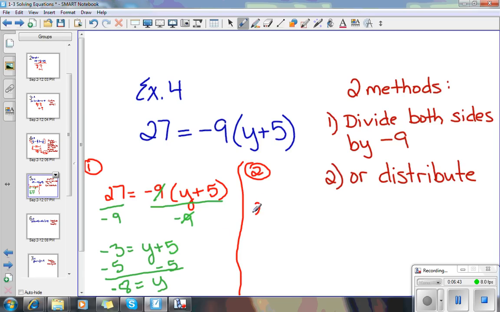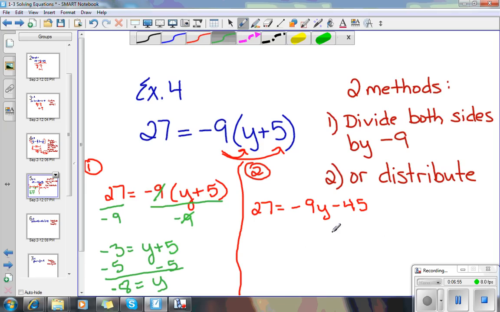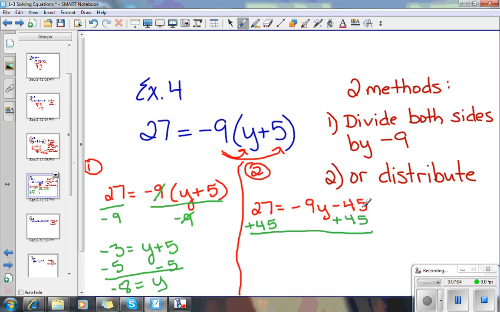So that's one method. The second method is I could also start off by distributing the negative 9 and have negative 9y minus 45. Then remember, I'm trying to get the y by itself, so I need to add 45 to each side. So I have negative 9y equals 18.